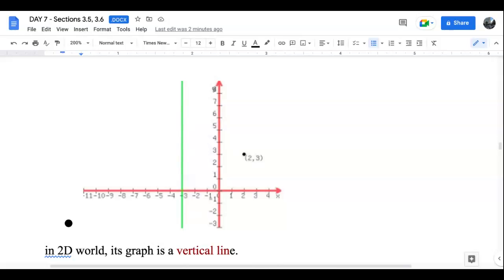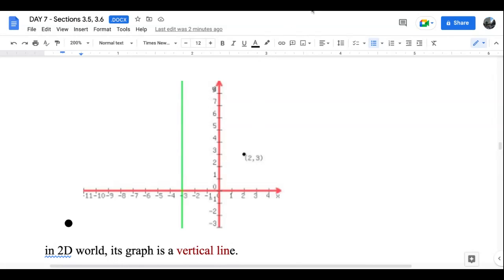Horizontally to the right is positive, to the left is negative. Vertically, up is positive, down below the x-axis is negative. So those two real number lines intersect at the origin 0. So the origin now becomes (0, 0). We always read from the origin: from 0 to the right, positive; to the left, negative; up, positive; down, negative.